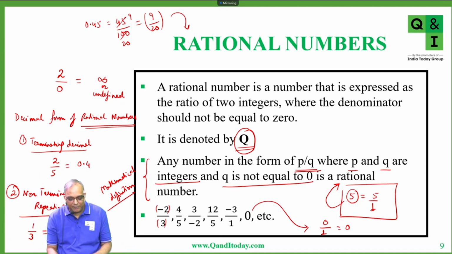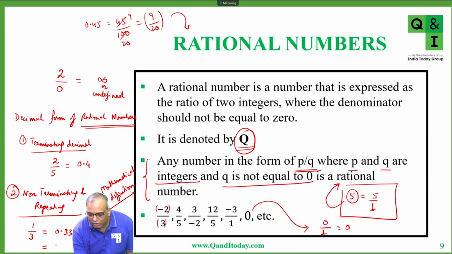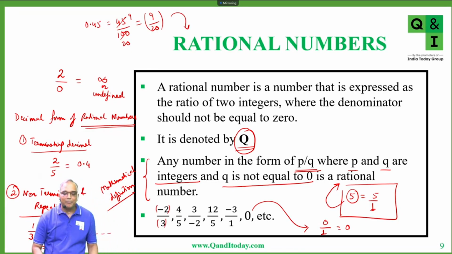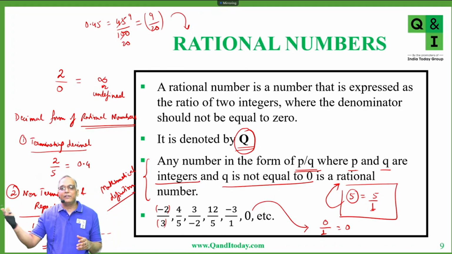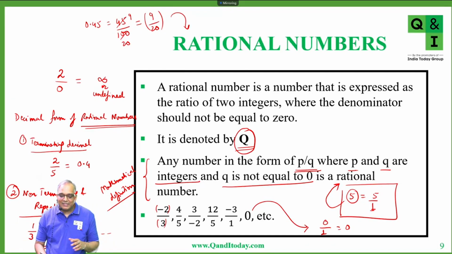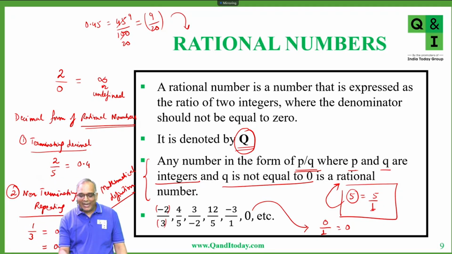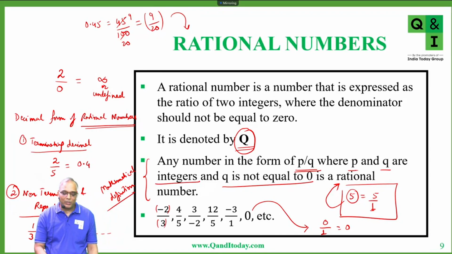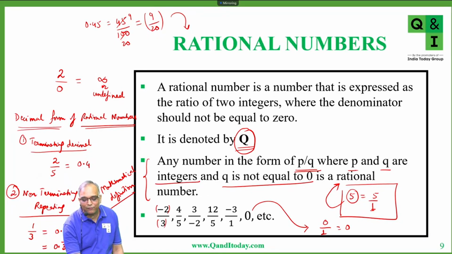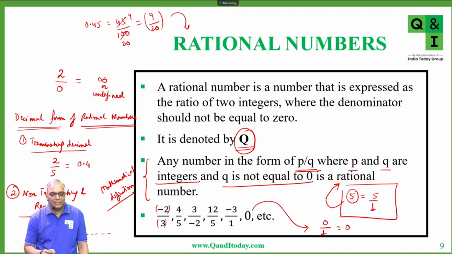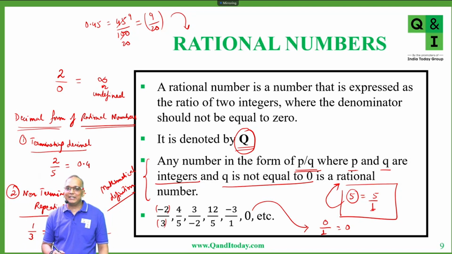It keeps on repeating. And this can also be represented as 0.3 with a bar over 3. Bar over 3 means 3 is repeated till infinity. Is it clear? So both these numbers can be represented in the form P by Q, and that's why these are rational numbers. So rational numbers, when they are written in decimal form, you can write them in these two forms, that is terminating decimal and non-terminating and repeating decimal.